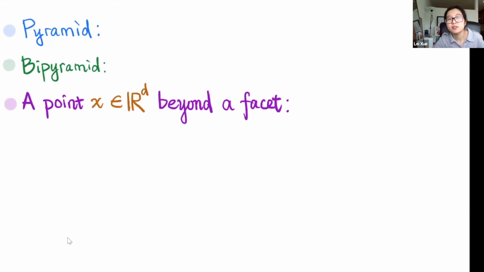And then we also need to define this. So given a polytope and a point X that's outside of it, out there in the space. Sorry, yeah, question? So a k-fold pyramid, that involves attaching k new apexes.